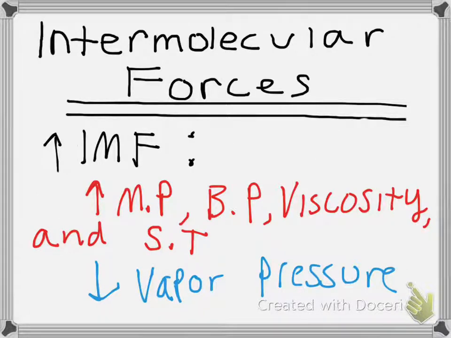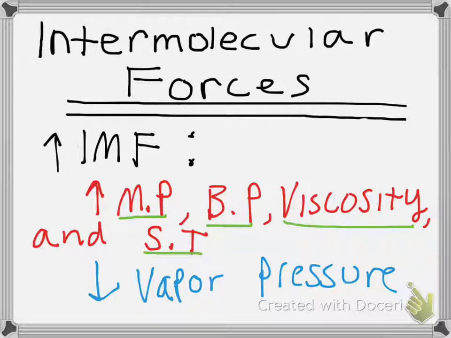So when you have a stronger intermolecular force, like hydrogen bonding, rather than your van der Waals forces, it's going to have a higher melting point, boiling point, viscosity, and you know what this last one is? Surface tension.